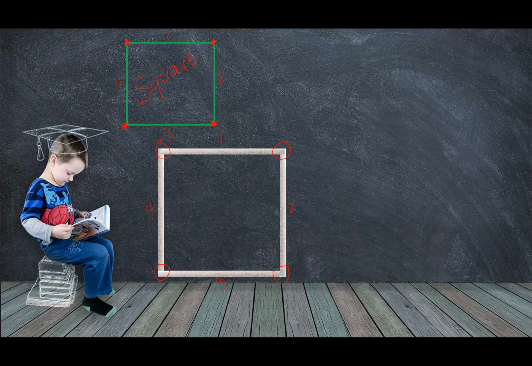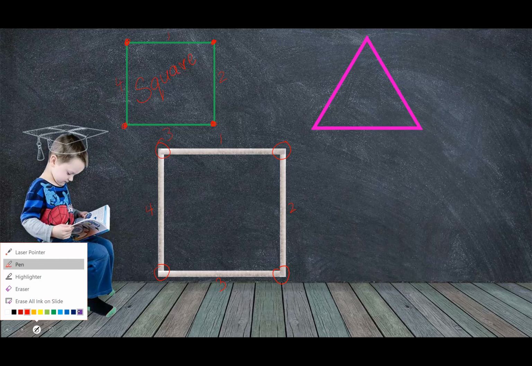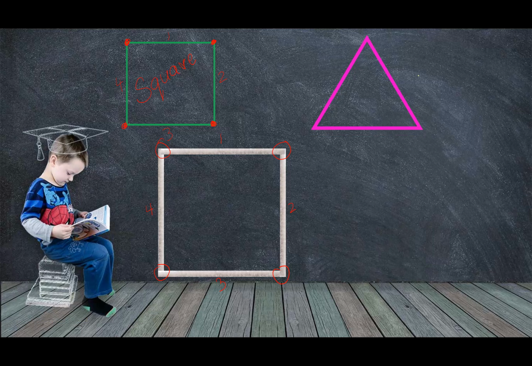It's fun, right? Now let's take another shape. What shape is this? Come on kids, tell me. It's a triangle. Bravo. How do I know it's a triangle? I have learned that a triangle has 3 vertices and 3 straight sides. 1, 2, 3.